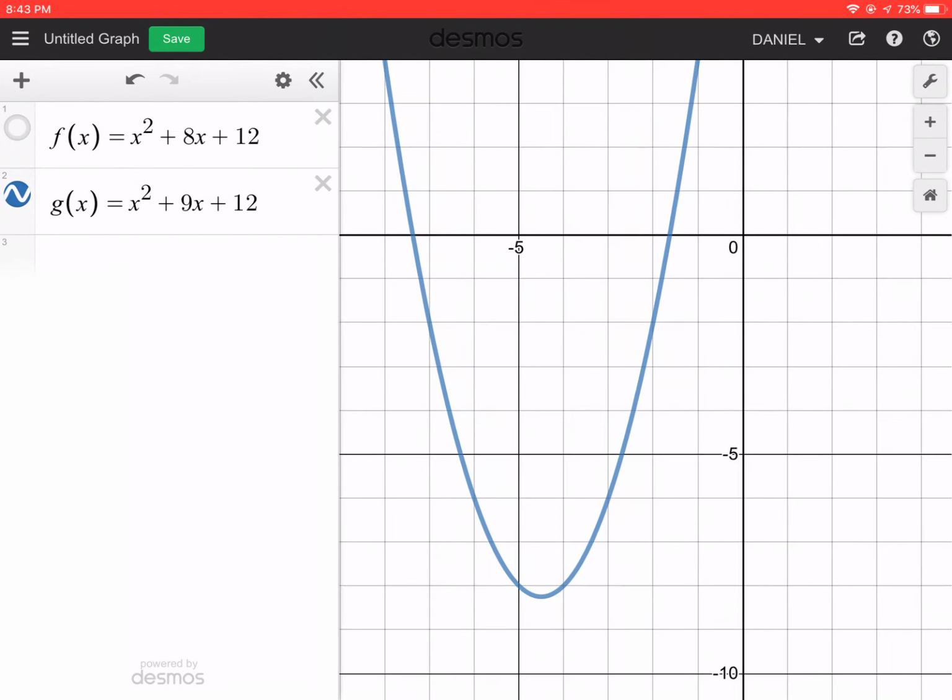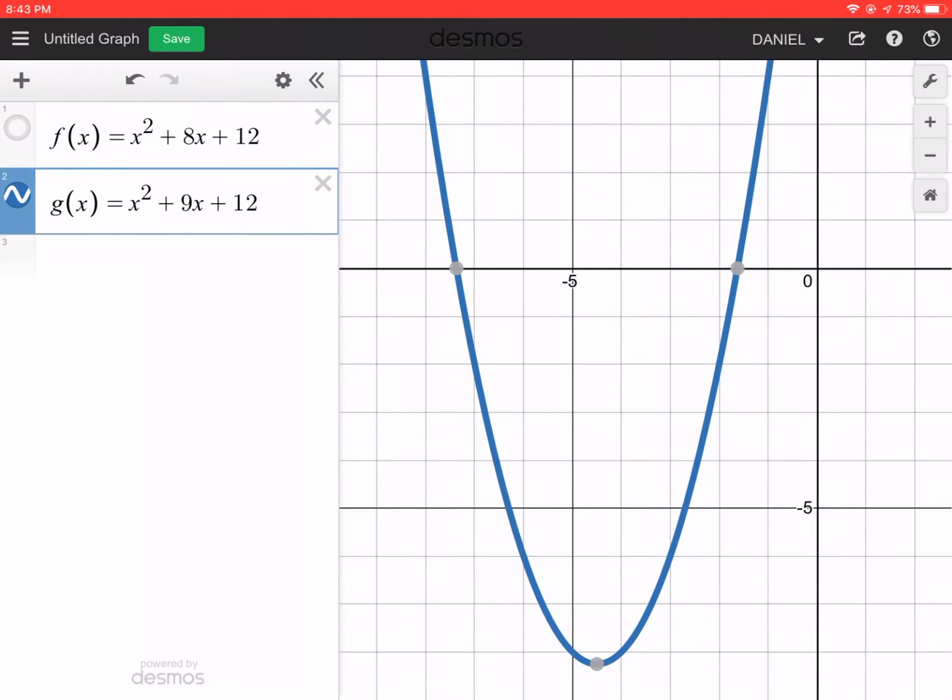So why was this not factorable? Well, let's find the zeros here. The zeros are negative 1.628 and negative 7.372. Huh. Interesting. Very interesting.